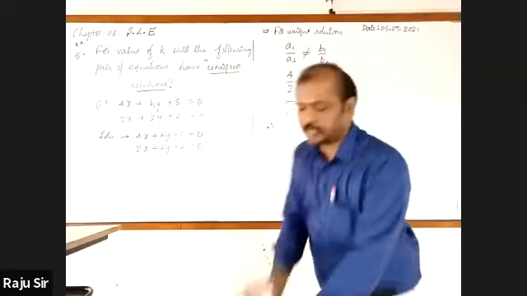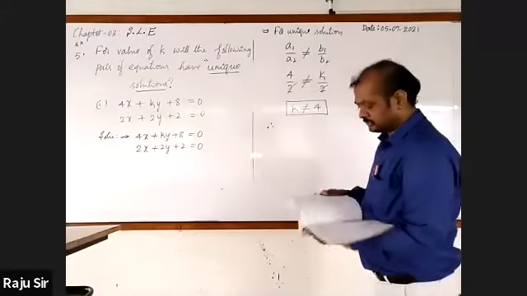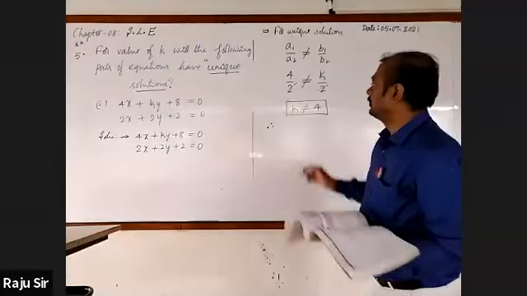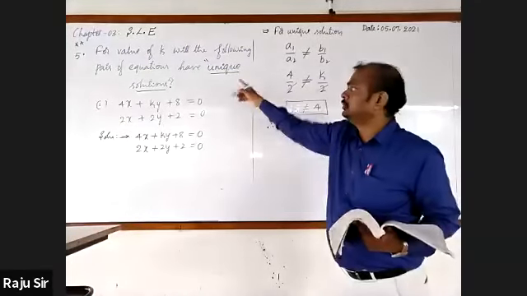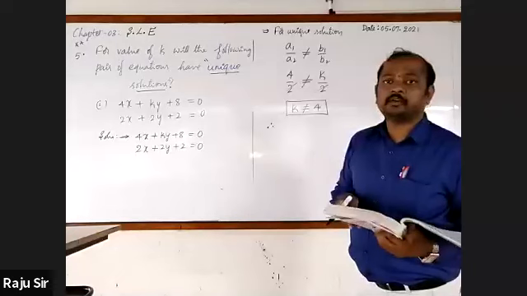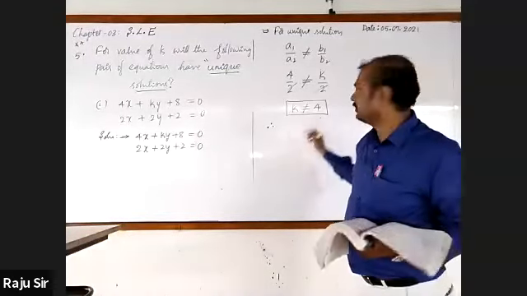At last we shall write the conclusion. The conclusion is the given equations have unique solution if the value of K is other than 4. Right.